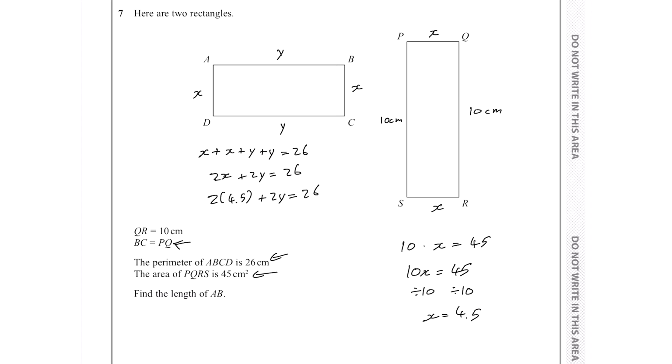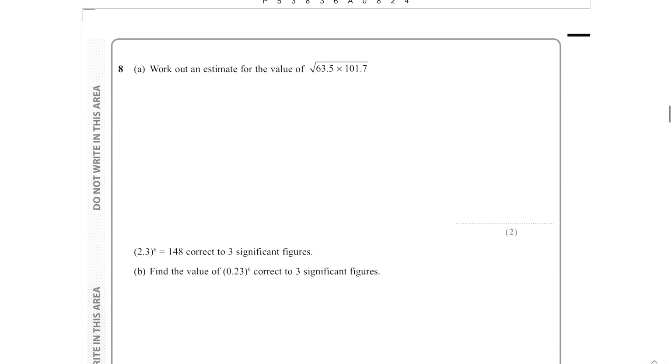Now 2 times 4.5 is 9, plus 2Y is equal to 26. If I subtract 9 from each side, I get 2Y is equal to 17. If I divide each side by 2, I get Y is equal to 8.5. And remember, Y is what AB was, so we can then write that down here as 8.5.